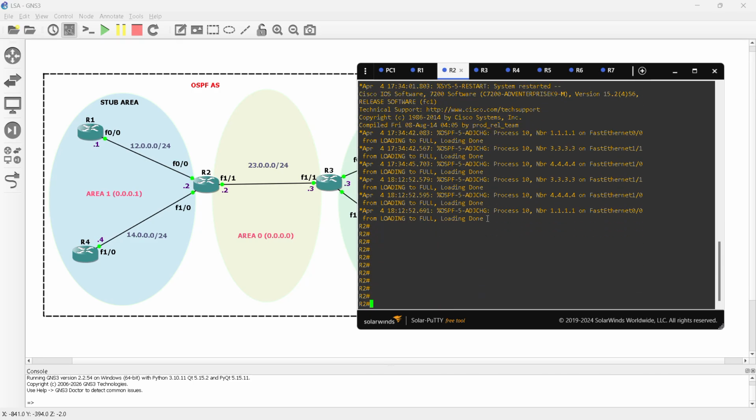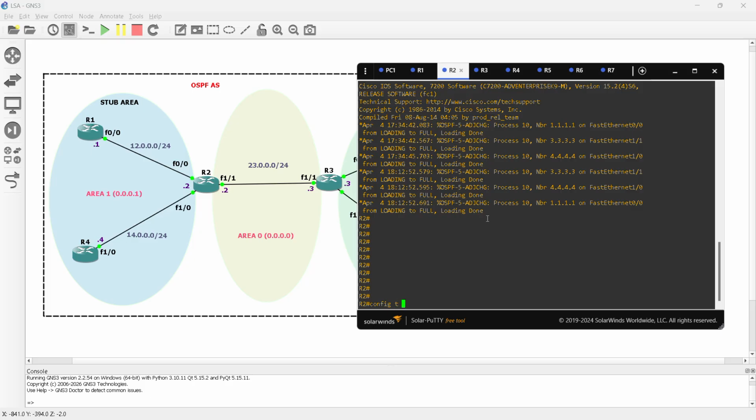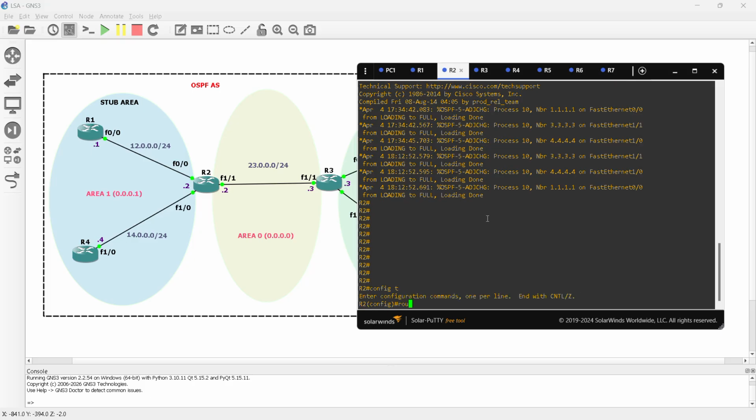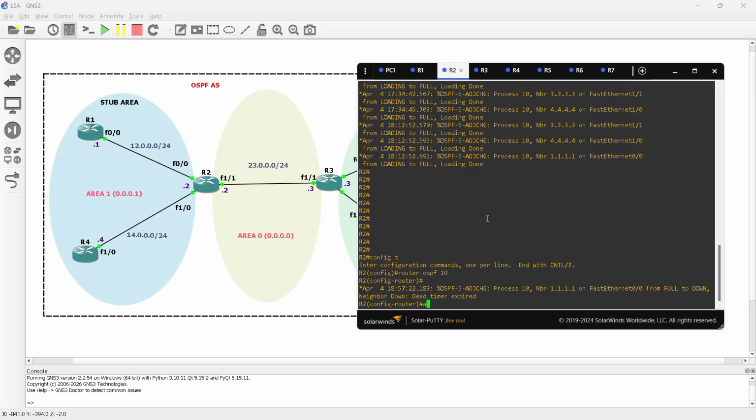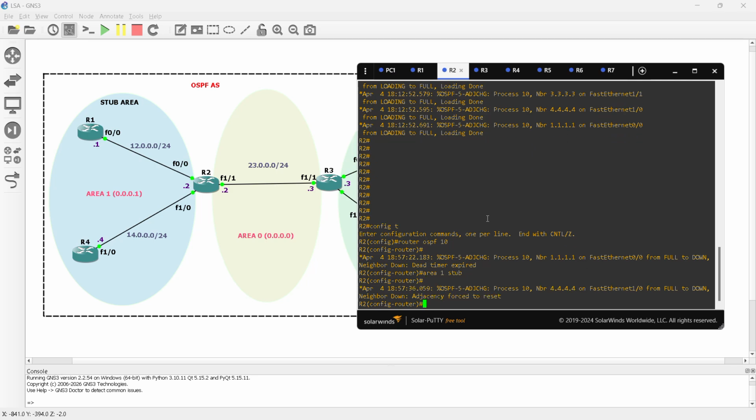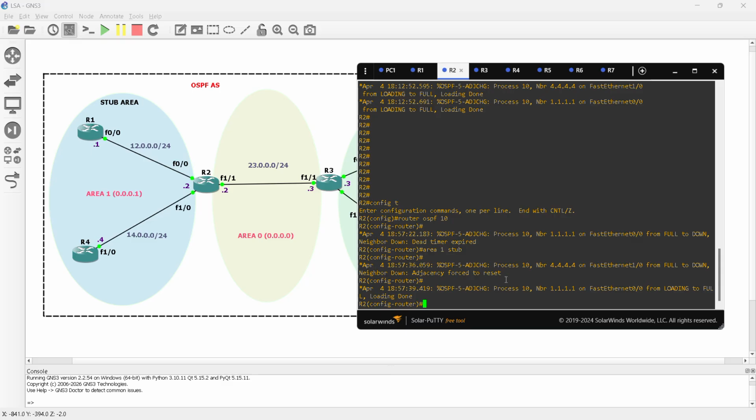So we'll go to R2 and we will make it stub too. Area 1 stub. The adjacency with R4 gets reset and adjacency change between R1 and R2, as you can see here.